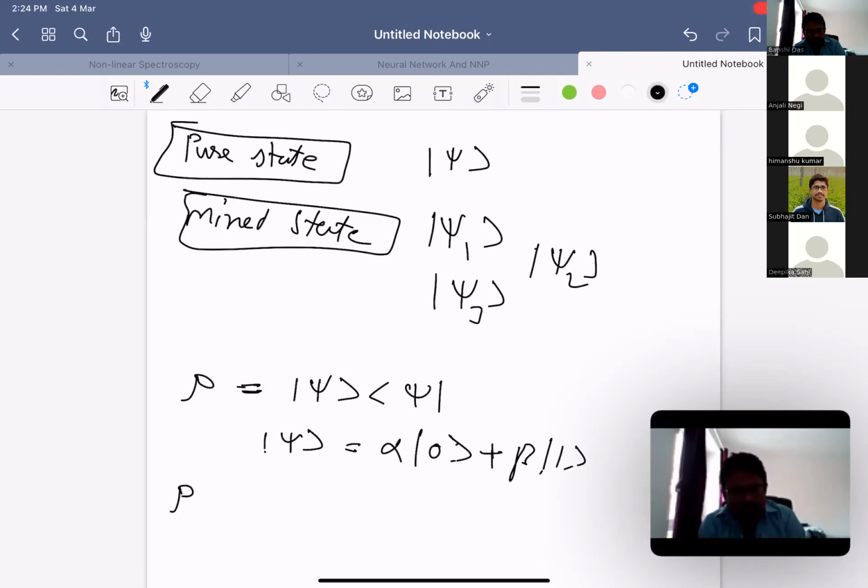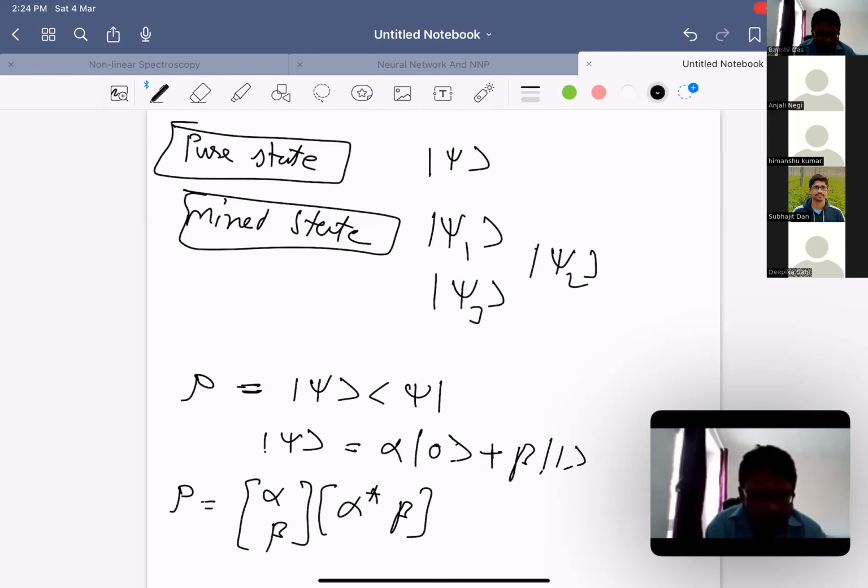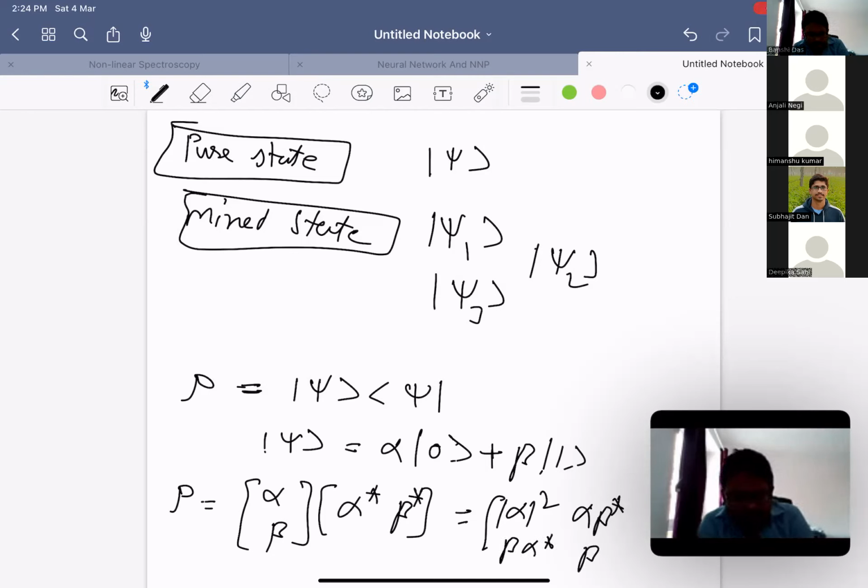Then the density matrix rho will simply become the product of this column vector with its conjugate row vector. If you multiply, it becomes alpha square, alpha beta star, beta alpha star, and beta square.